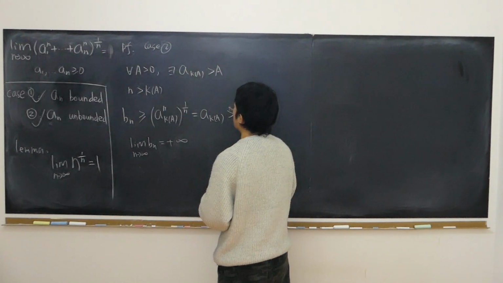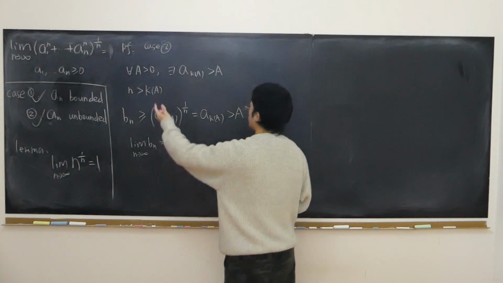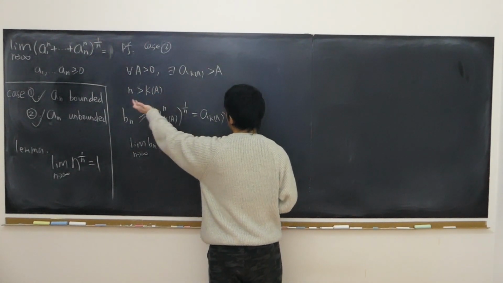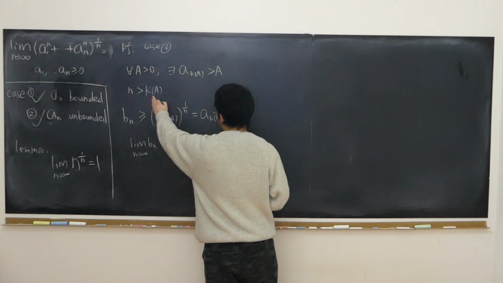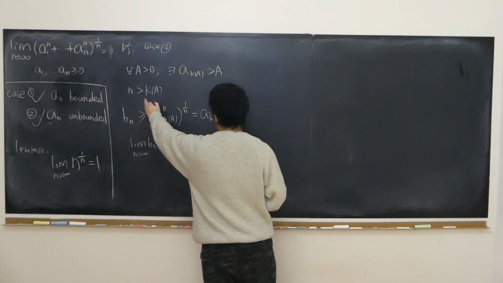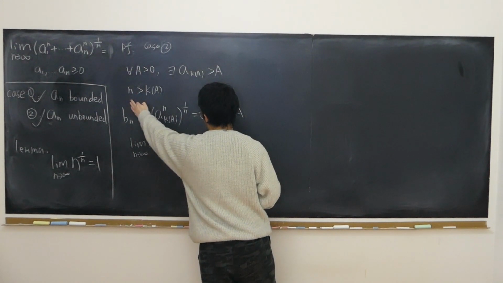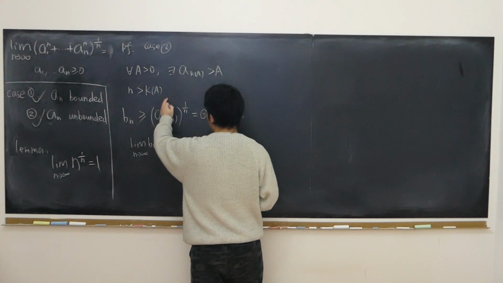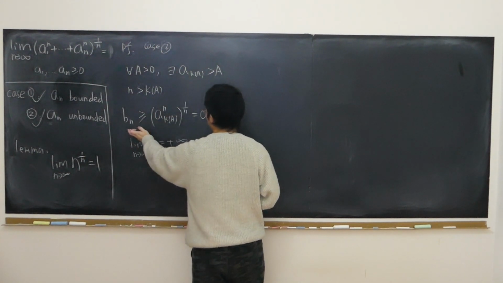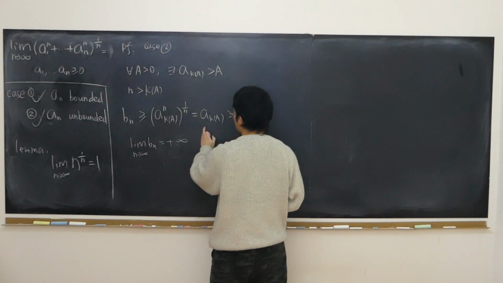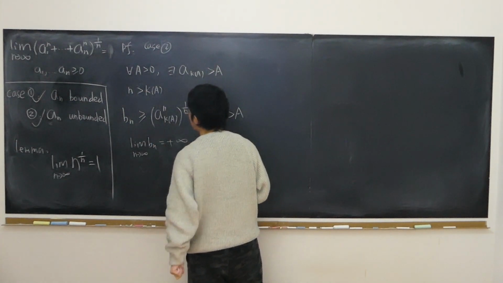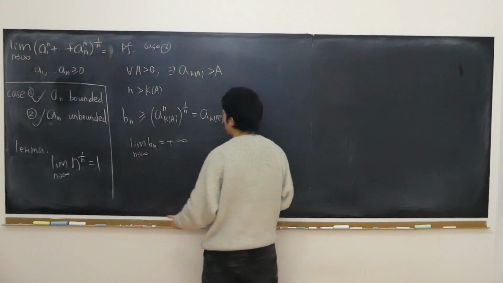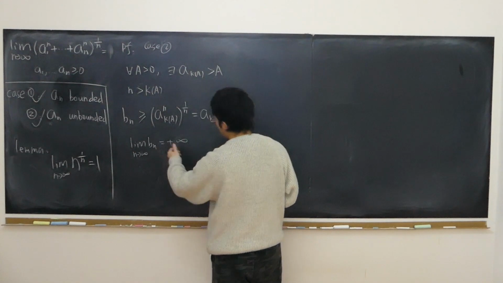We found a fixed subscript, usually we use capital N, but here is a similar idea, so that as long as n is large enough, every single term after this term can satisfy this inequality relation. Right? So exactly the definition of infinitely large.